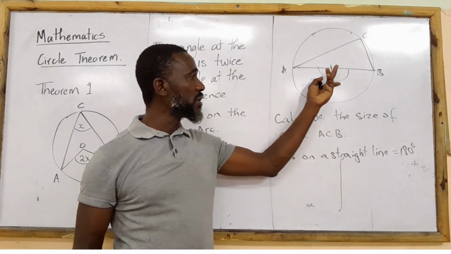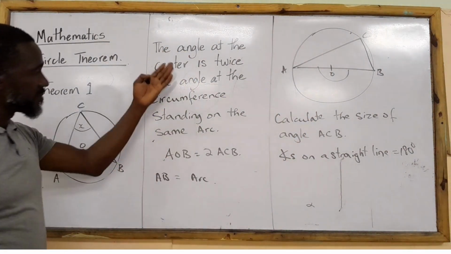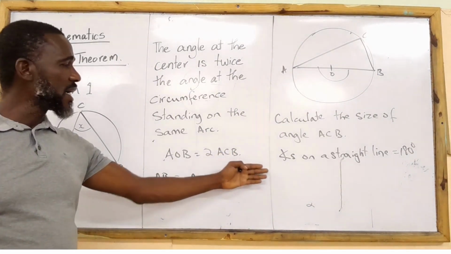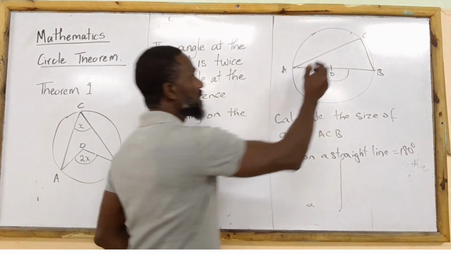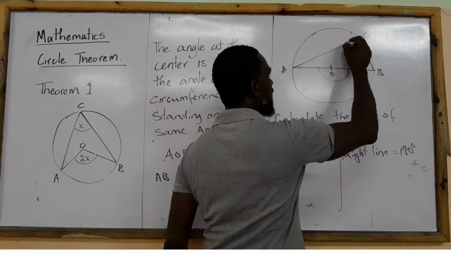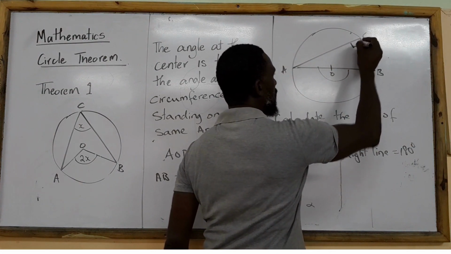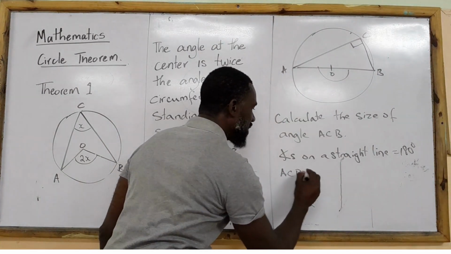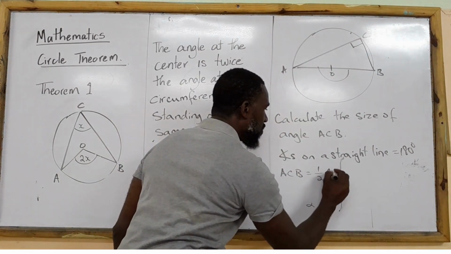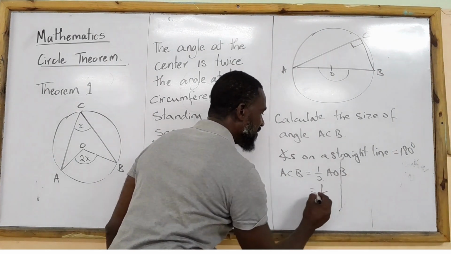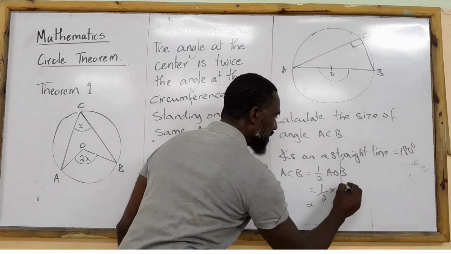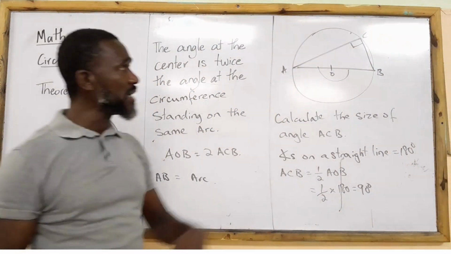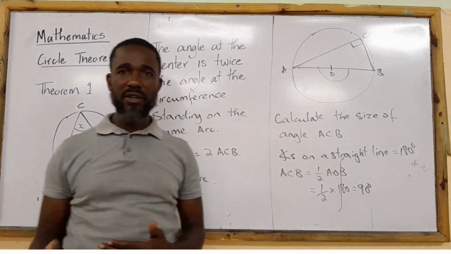Using the concept that the angle at the center is twice the angle at the circumference, this angle here is going to be 90 degrees. Why? ACB is equal to half AOB, so half times 180 is equal to 90 degrees. Therefore this angle is equal to 90 degrees.